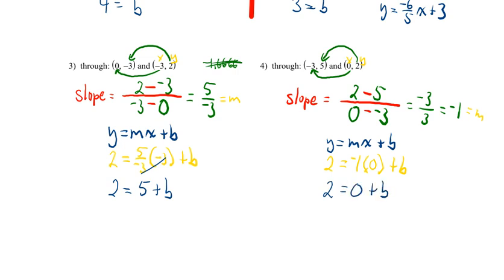We're almost done. Minus 5, minus 5. 2 minus 5 is negative 3. b is negative 3. My final equation is y equals negative 5/3 x minus 3.